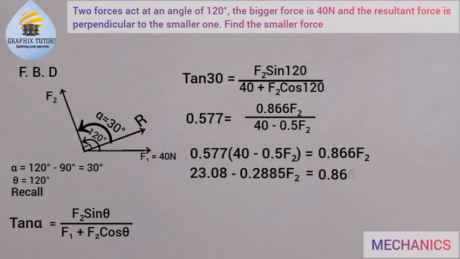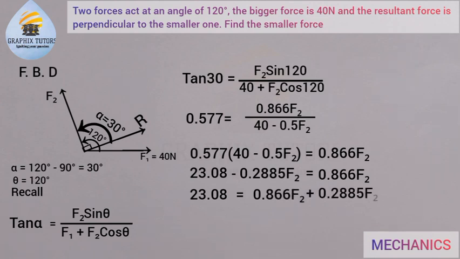Now you collect like terms. I'll take the negative 0.2885 F2 to the right hand side and it becomes positive. So we have 23.08 equals 0.866 F2 plus 0.288 F2. They are like terms now, so I'll add them together, which gives 23.08 equals 1.1545 F2.